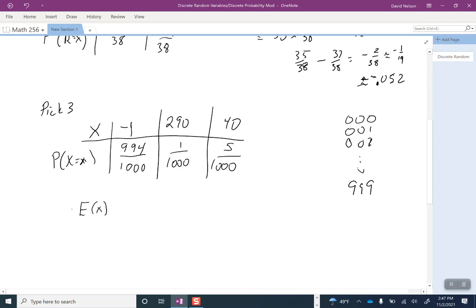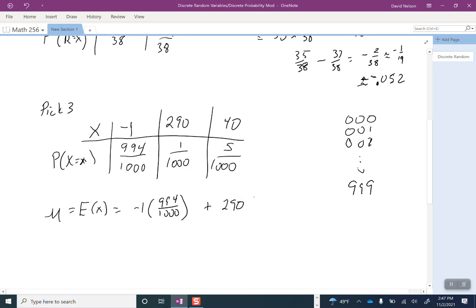of x, or the mean of that probability distribution, the way we calculate it is you take the outcome and you multiply it by the probability. So 99.4% of the time you're going to lose your $1.